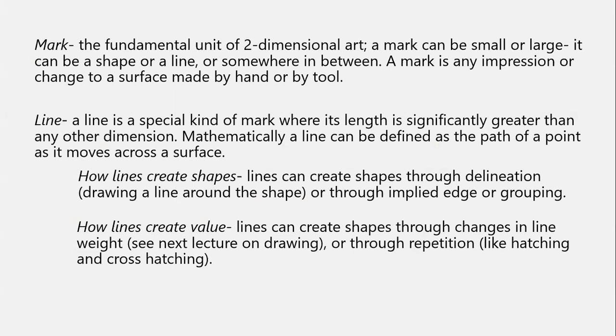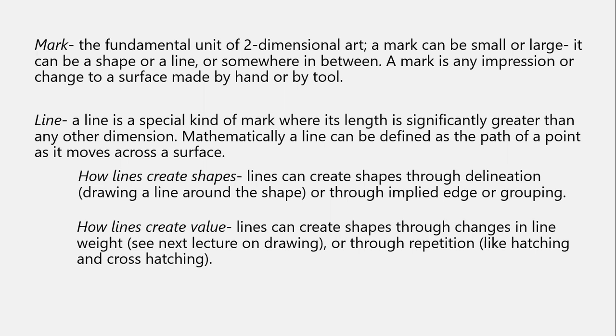The surface should be or could be relatively flat, and then you make some kind of impression or mark onto that surface, whether that's using a drawing tool, leaving charcoal on the surface, or with powdered pigment, or with a brush and powder pigment, or with a brush and wet pigment, or by scraping and scratching into the surface, carving lines into the surface. It's all marks. A mark is any kind of impression or change to a surface made by hand or a tool.